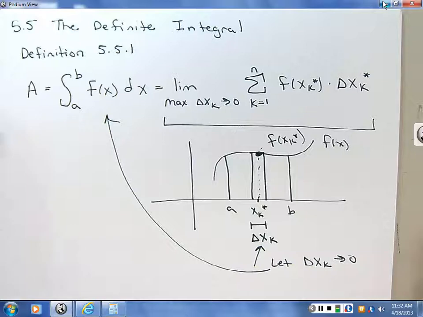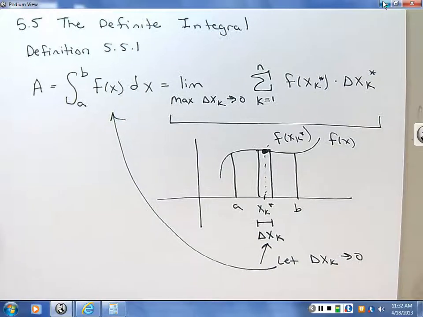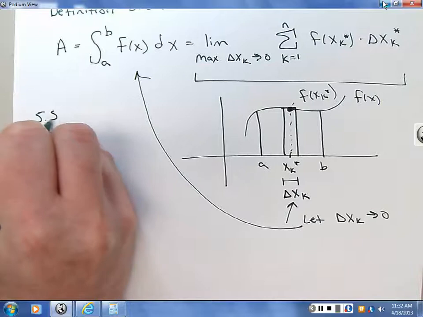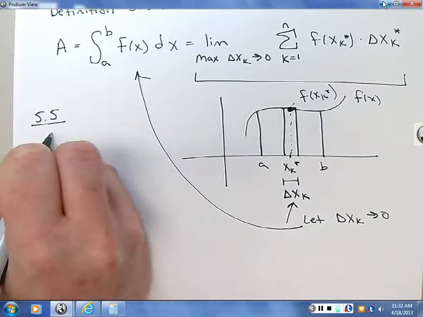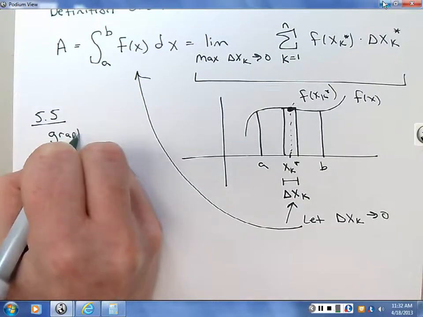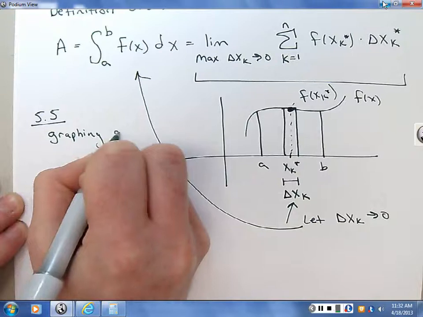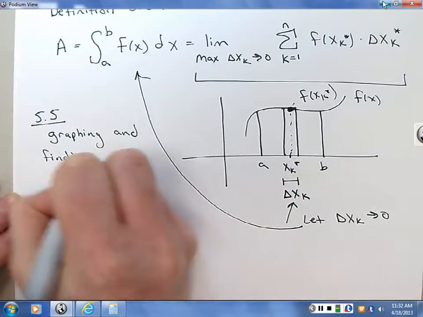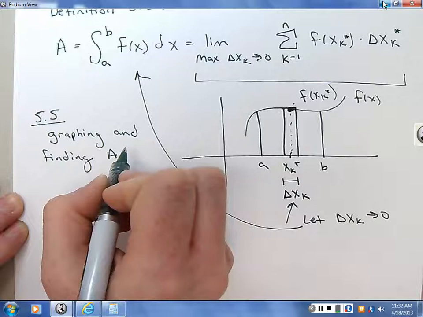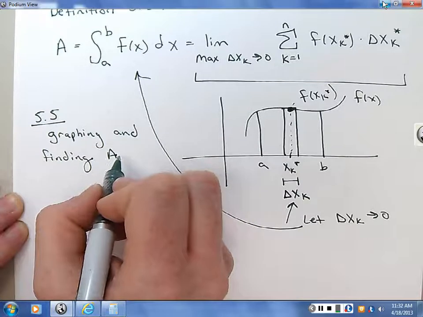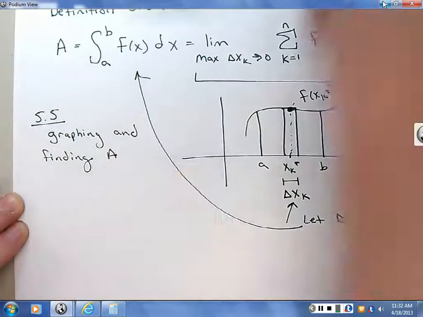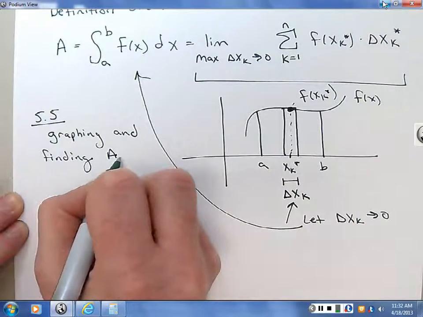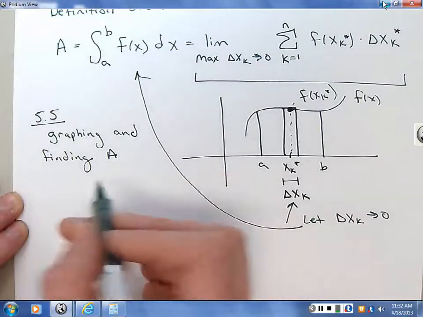Okay, so this is the area. In the last two minutes here, because I want to give you time for your quiz, 5.5 is all about graphing and finding the area under the curve.